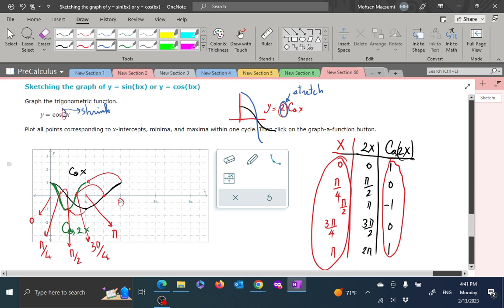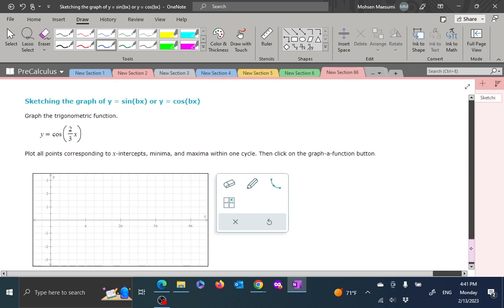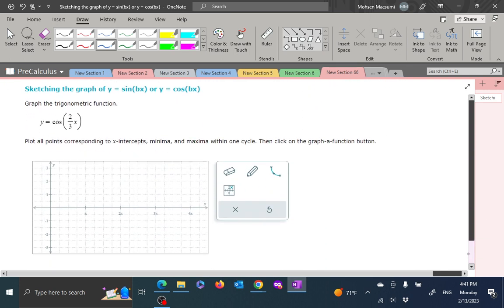If you understand what the effect of the factor is, then you are not going to get confused as to why when the number is outside it behaves one way and when the number is in front of x, it acts in a different way. So try to resolve that for yourself, because this issue is going to get even more complicated. Next up, something similar: cosine of 2/3 of x.